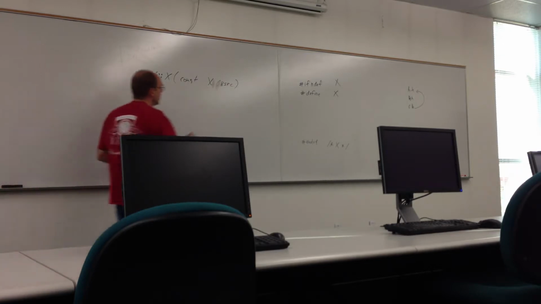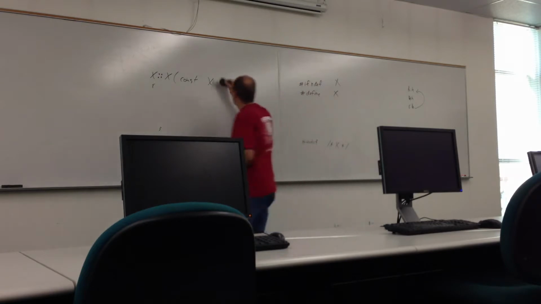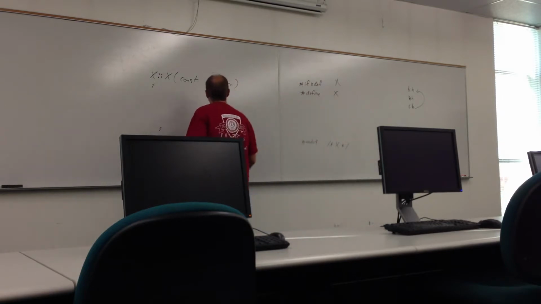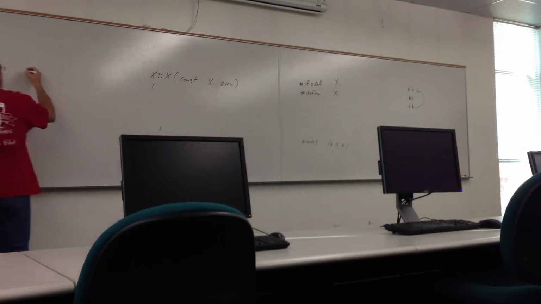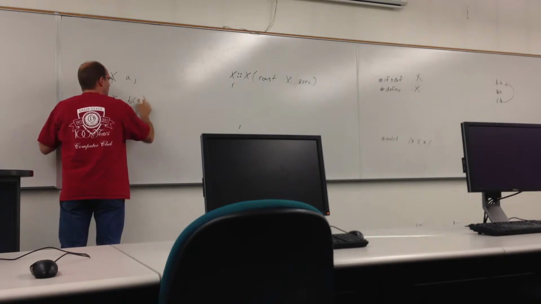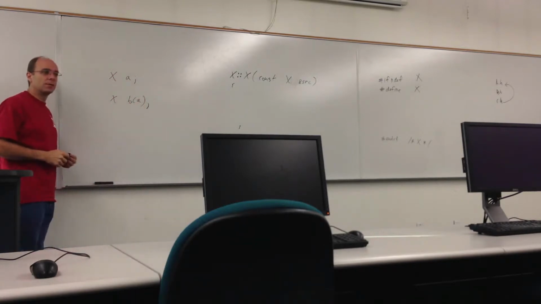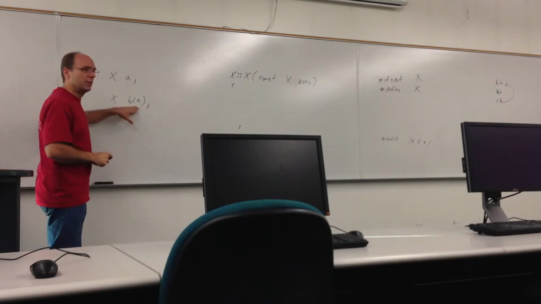The ampersand means that we're passing it by reference. Over here is some code that executes this. I have an object of type X named A, and then an object of type X named B, which is being constructed as a copy of A. So this invokes the copy constructor.